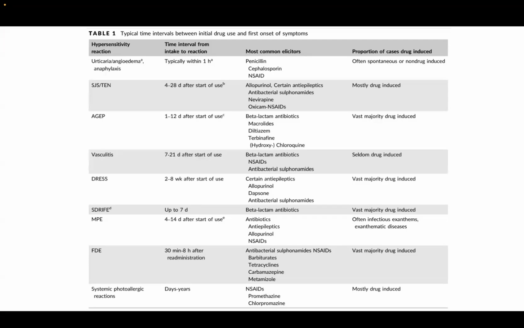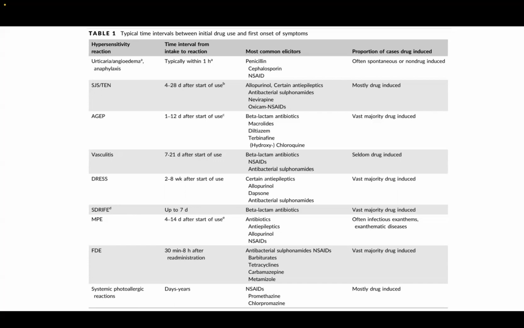Stevens-Johnson and TEN occur days to 8 days after starting the medication. Common culprits are mentioned here, including allopurinol, nevirapine, and antibacterial sulfonamides. Stevens-Johnson and TEN are mostly drug-induced; we cannot determine other differentials when we see it.